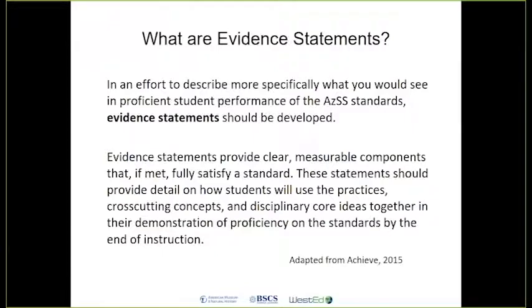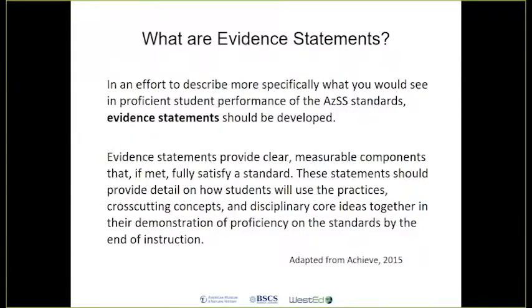So this is kind of a hard skill that we are going to be working through, and I feel like this is maybe a little bit more difficult of an environment to get the meaning across. We are specifically wanting to spell out what it looks like if a student is proficient in the performance of the Arizona Science Standard that you are working on. And to do that, we are going to write evidence statements.